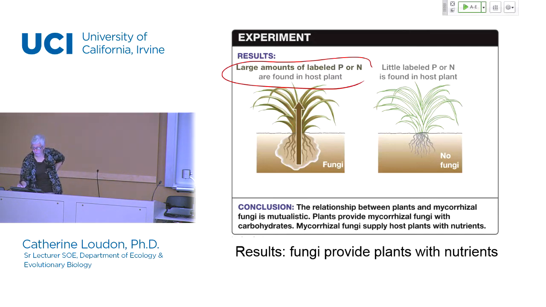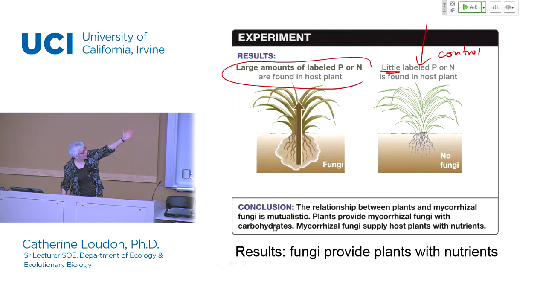This is where the control on the right-hand side is so important, because in fact, very little was found in the plant in the absence of the mycorrhizal fungi, which means that the plant then, in the absence of the fungi, was not able to take up as much of these radioactively labeled phosphorus or nitrogen nutrients. So very, very different.